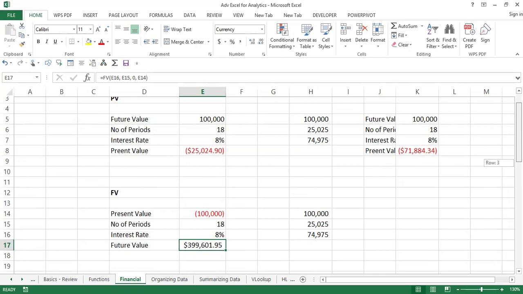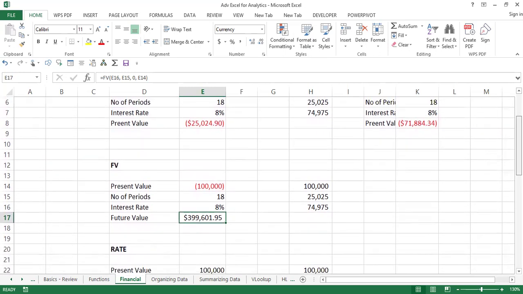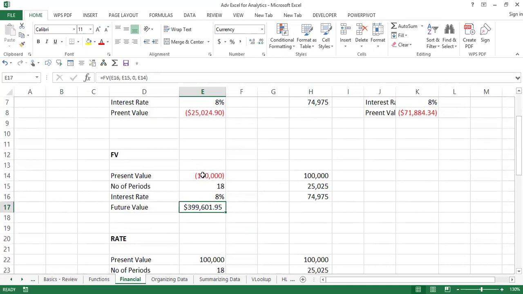Do you understand? So you give an amount to get something back after 18 years.